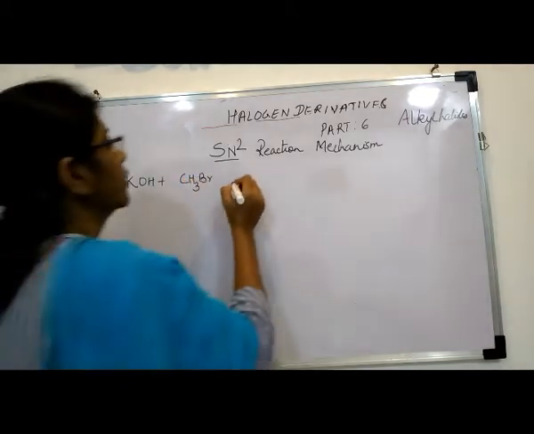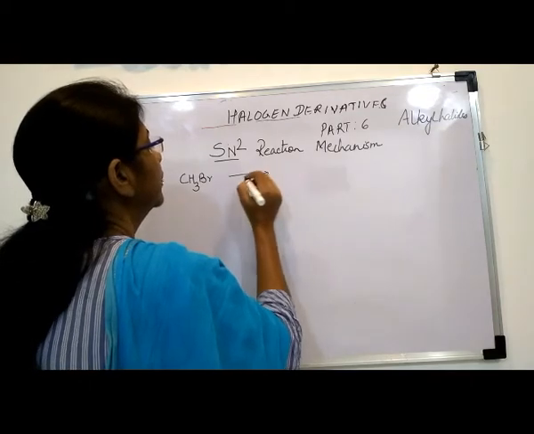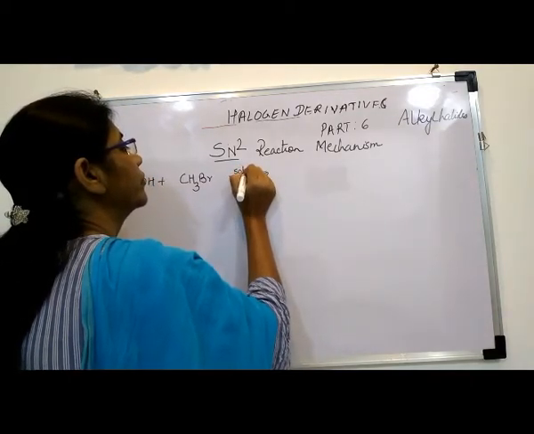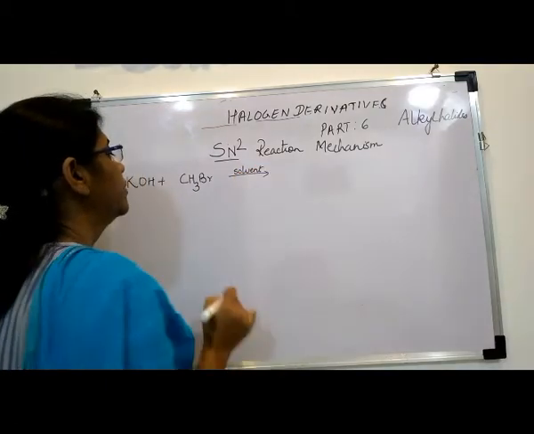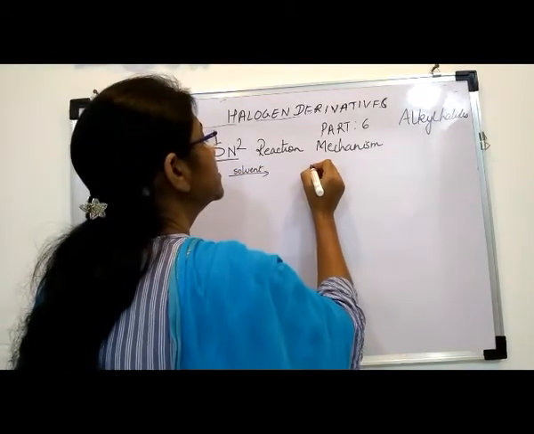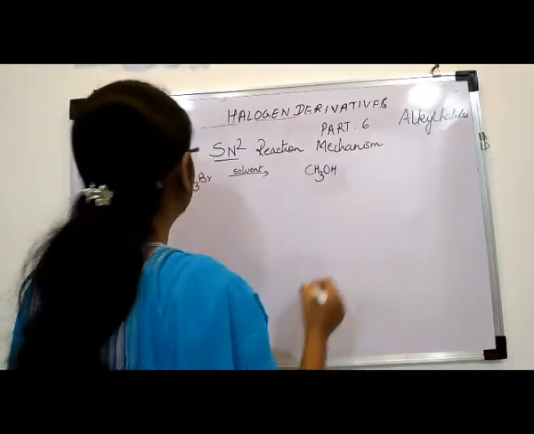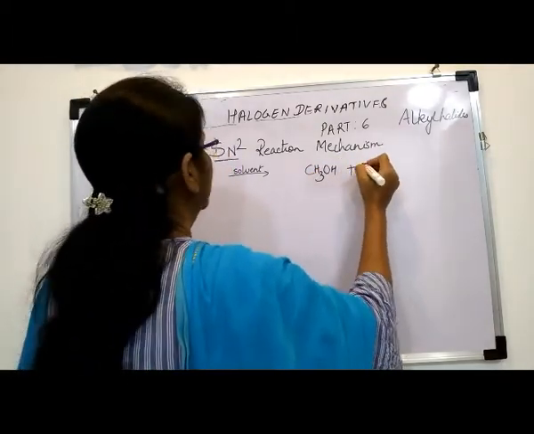when in presence of a suitable solvent, it gives you the product, that is CH3OH, methyl alcohol, plus Br.